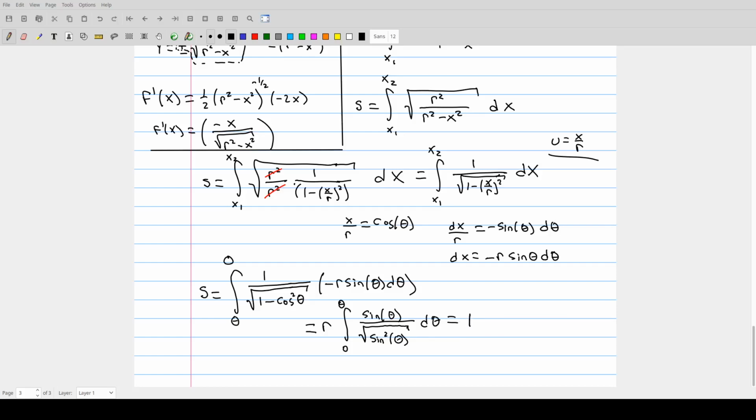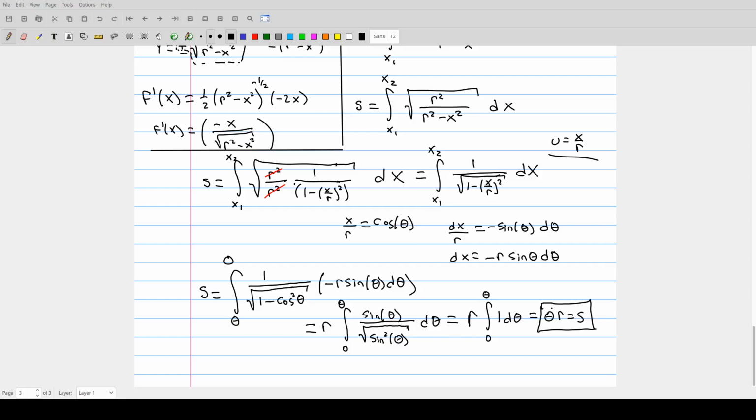So this becomes r times the integral from 0 to theta of 1 d theta, which is just equal to theta. So it's theta times r. This is what the arc length is. So this is an exact proof of why the arc length s for a circle is theta times r.